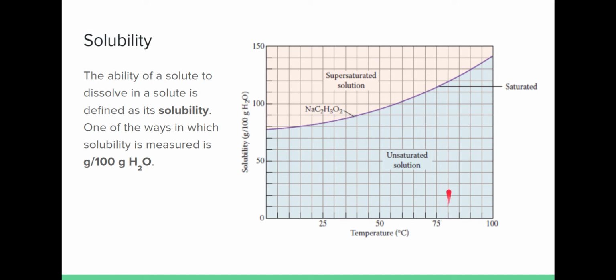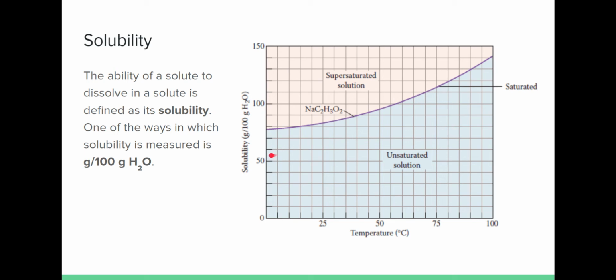So you can see here at 80 degrees Celsius, this compound has an approximate solubility of about 120 grams per 100 grams of water. Along this line, we say that the compound that we're looking at is saturated, which means that really no more of that solute should dissolve.